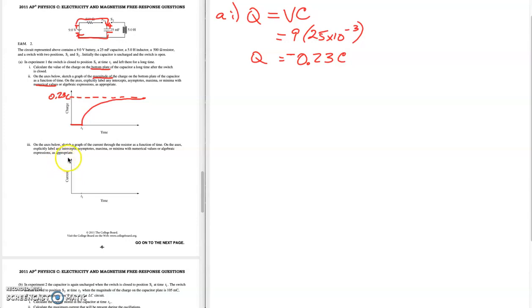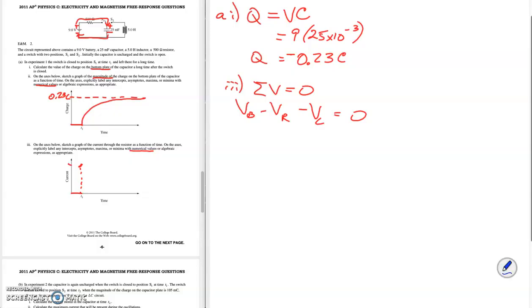Down in part 3, again with numerical values. Also, until T1 there is no current. And then at T1 it jumps up to its initial value, and we will need to find that. So coming back up here to the circuit, we have 9 volts, 500 ohms. So for part 3, Kirchhoff's loop rule, remember that guy. Going to have battery minus resistor minus capacitor gets us 0. Now that's for any time t.